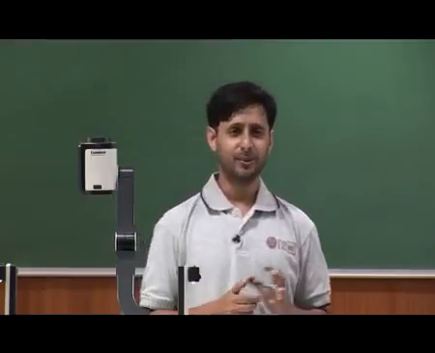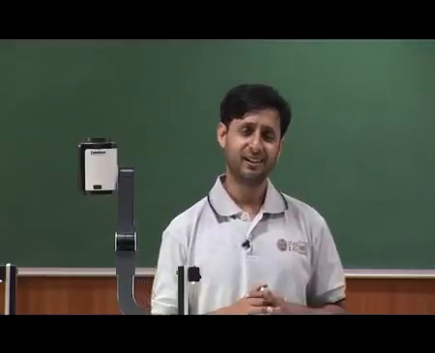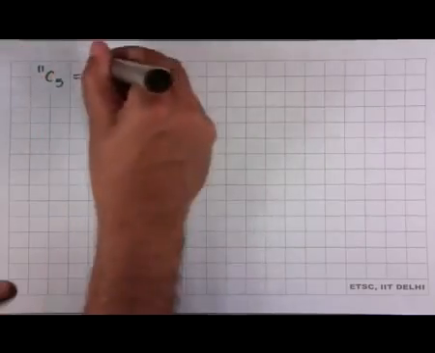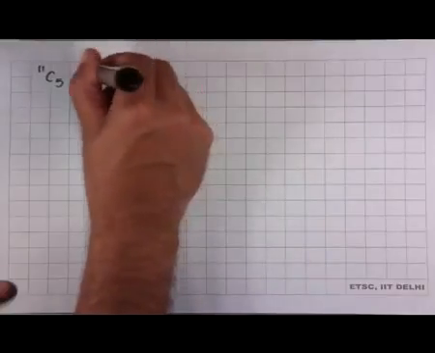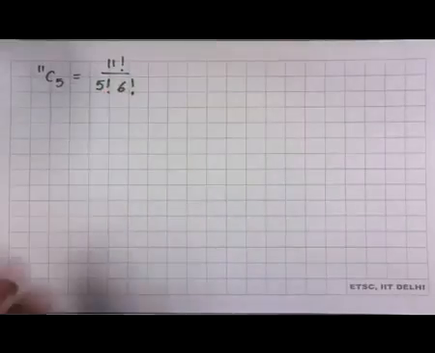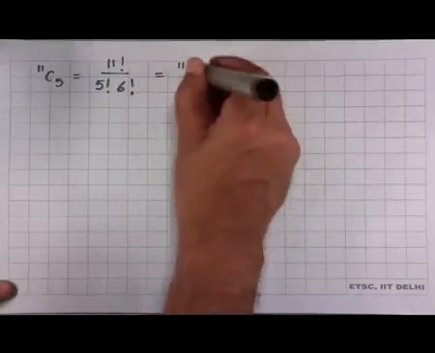Just by the way, 11c5 and 11c6, what are these? What is 11c5? Factorial 11 by factorial 5 factorial 6, and what is 11c6? It is the same thing.